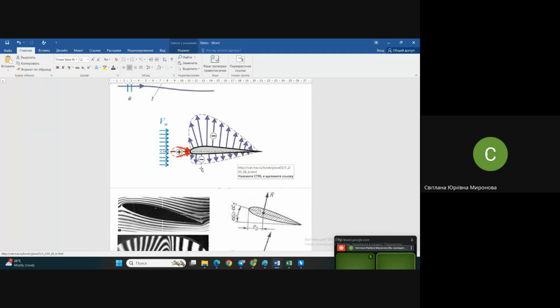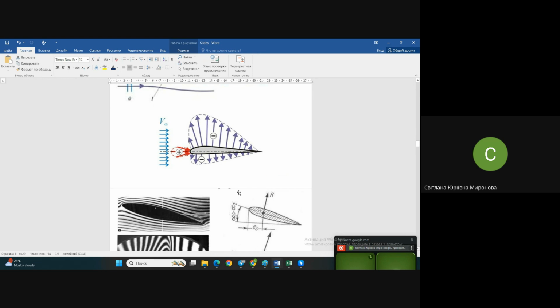We get used to talking about the center of gravity of a contour itself, and the point where the resulting force of all the superficial forces on the profile is applied is called the center of pressure. It's the central point for this profile.